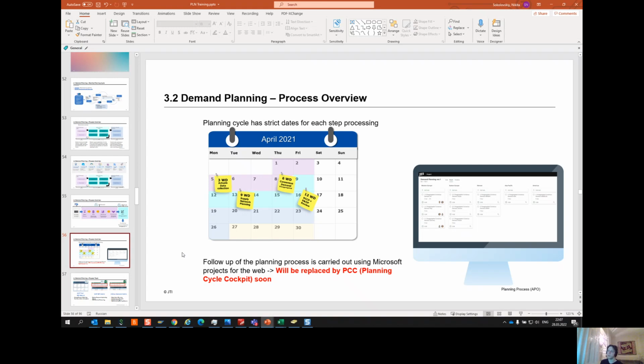The go live is going to happen in June, probably starting from June 2022. Planners will be managing their tasks there, and GSD will probably support this tool. More information is coming.